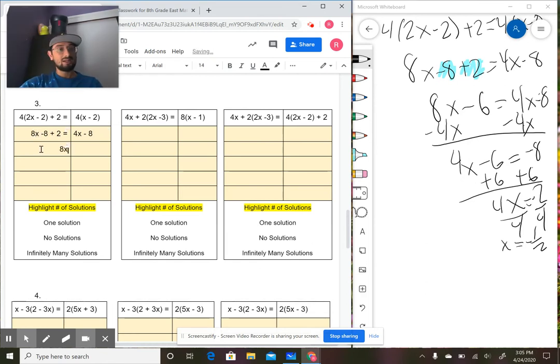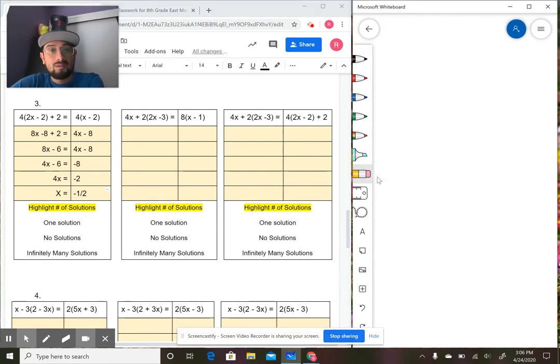Combine like terms, 8x minus 6 is equal to 4x minus 8. Subtract the 4x on both sides, and you're going to get 4x minus 6 is equal to negative 8. Add the 6 to both sides, you get 4x equals negative 2. And then divide by 4 on both sides, you get x equals negative 1/2. I got a little sloppy at the end because I ran out of room. But I moved my webcam, so it's good to go.